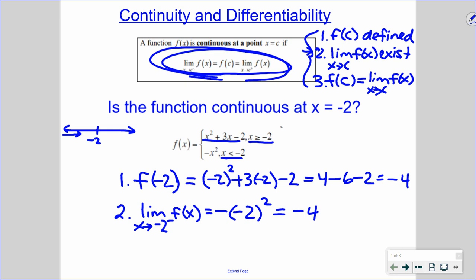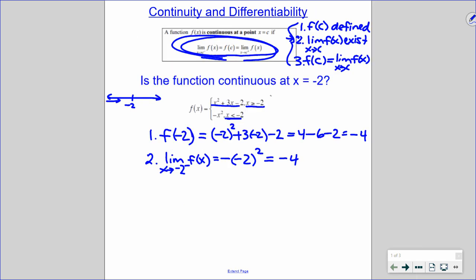Okay? Evaluate the limit as x approaches -2 from the right. So again, we're approaching -2 from the right, then these values of x are greater than -2. So again, we're going to plug into that first piece, which we've already done, so we already know what it equals. It equals -4.